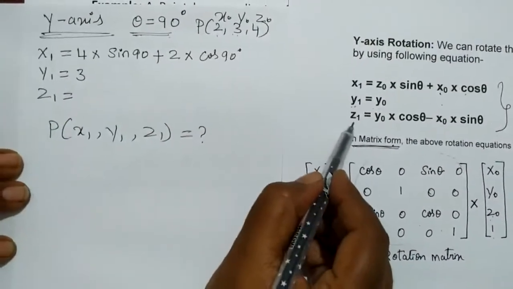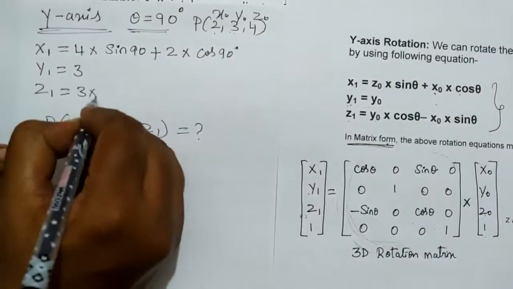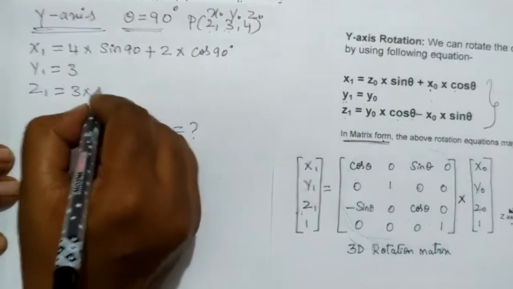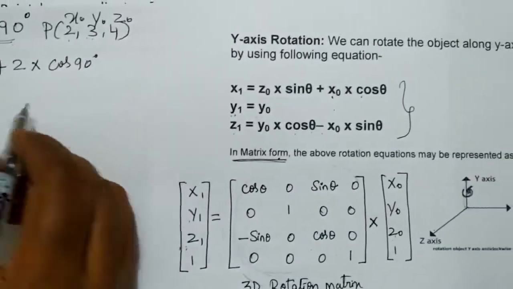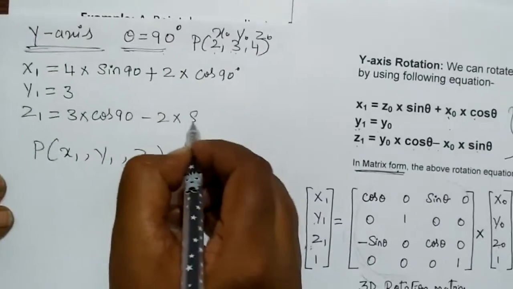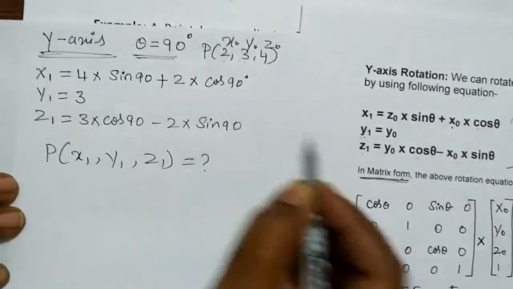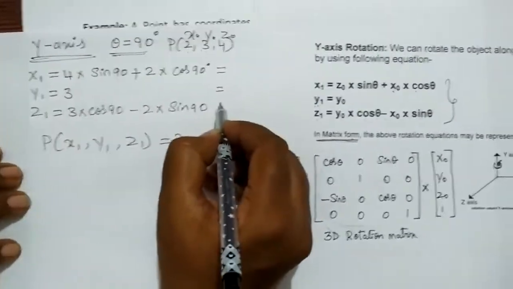Next, z1 will be y0 into cos theta, that is 3 into cos 90, minus x0 into sin theta, where x0 is 2, so 2 into sin 90. By applying this equation, now our x value, y value become like this.